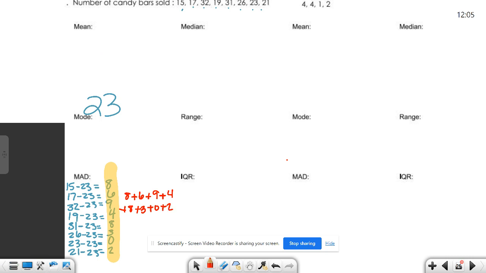Know what you get? 40. Then we divide by how many numbers we have, which is 8. And 40 divided by 8 is 5. So our MAD is 5. What that means is, on average, each number in the data is about 5 away from the mean. It's talking about how far away each point is from the mean.